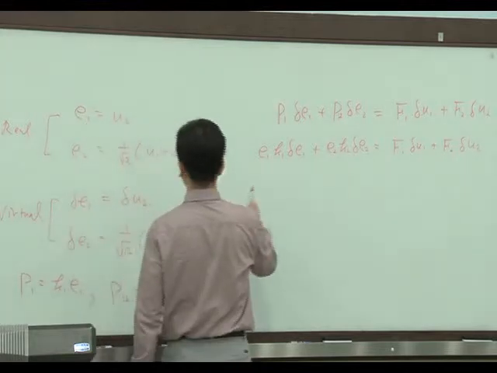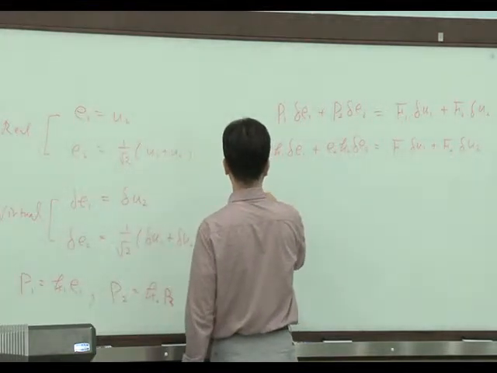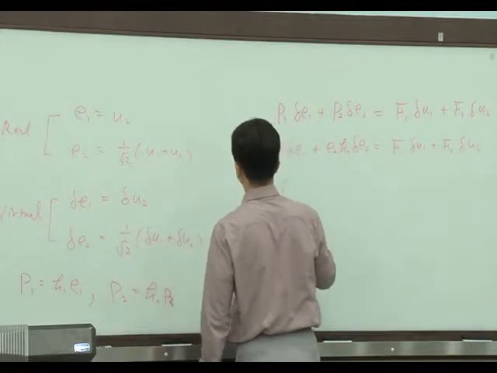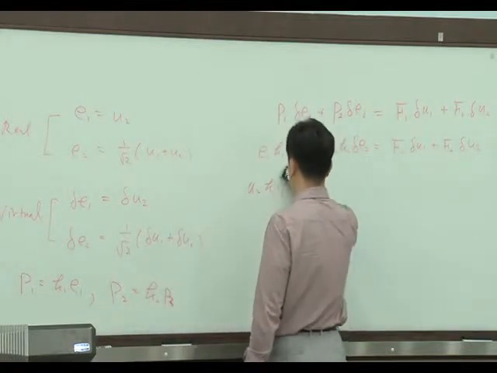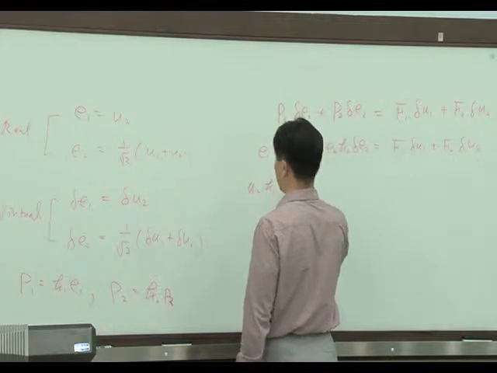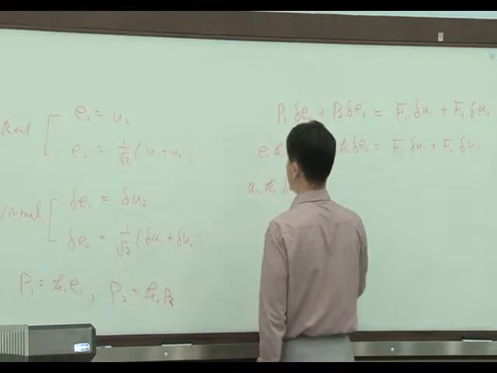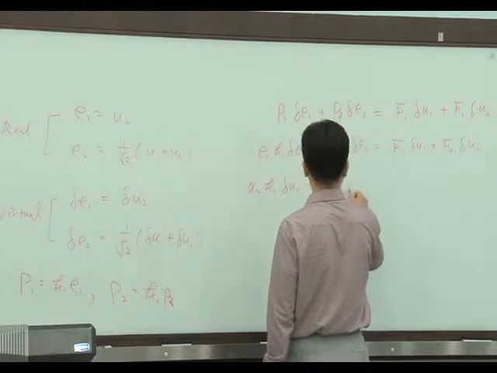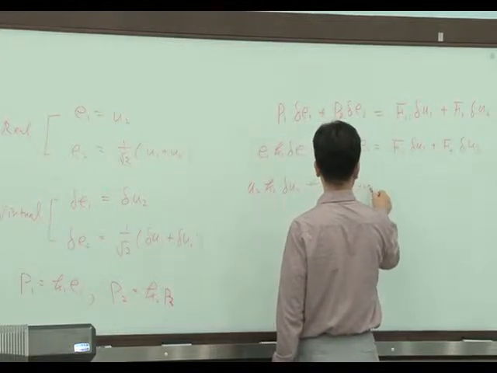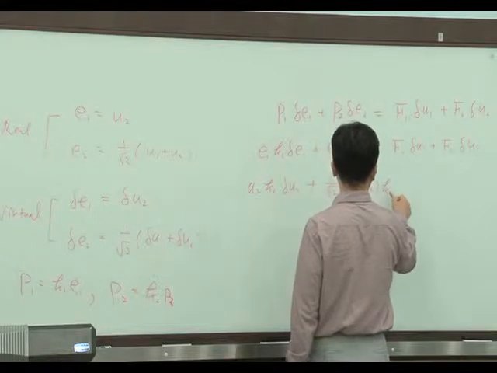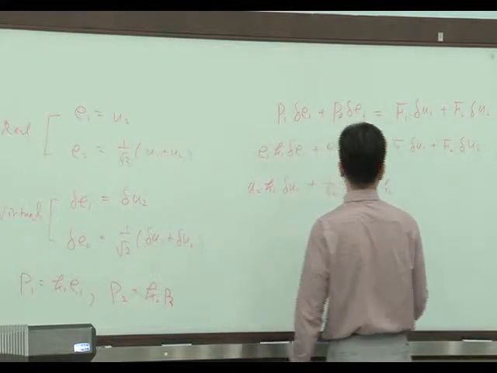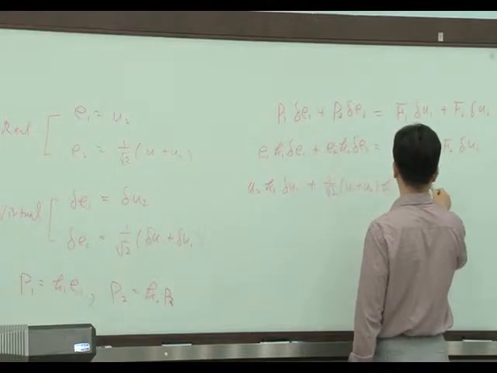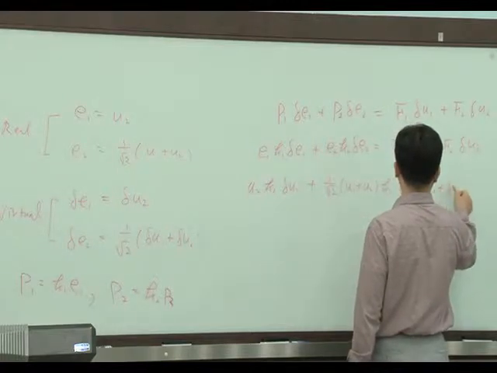E1 equals U2 and virtual E1 equals virtual U2, plus E2, 1 over square root 2 (U1 plus U2) K2, and 1 over square root 2 virtual (U1 plus U2).